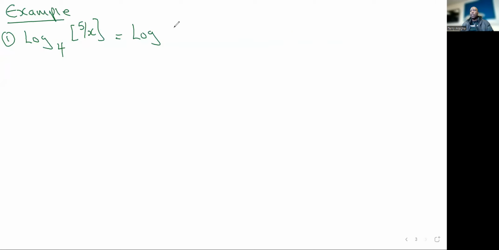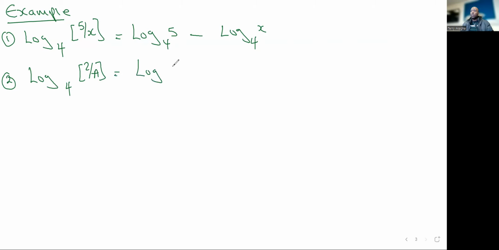So it's going to be log 5 to base 4 minus log x to base 4. Pick another one. Let's say log 2 divided by a to base 4. Same thing. It's going to be log 2 to base 4 minus log a to base 4.